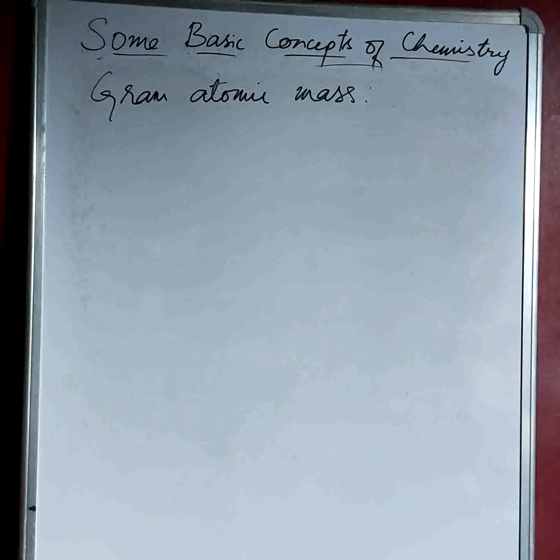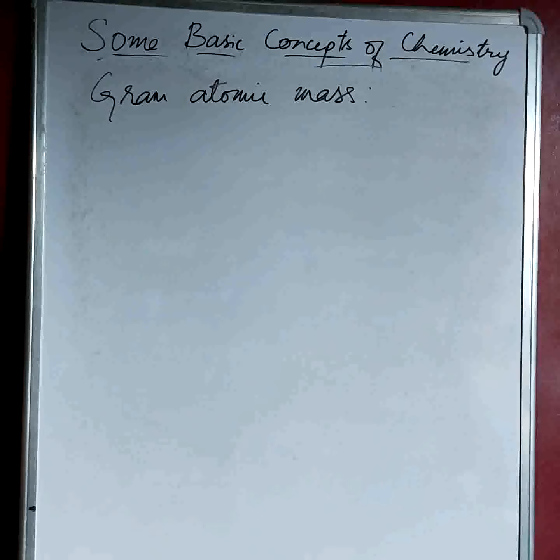Now, what is a gram atomic mass? It is defined as the atomic mass of an element expressed in grams, or simply, the atomic mass of an element expressed in grams is called the gram atomic mass of that element. For example, let's take oxygen.